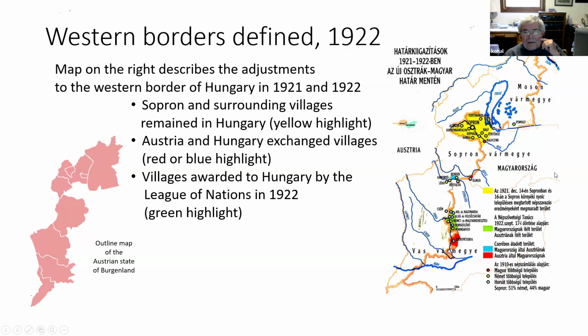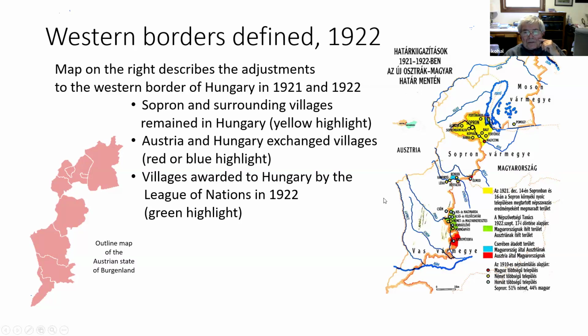And then in the green, in 1922, the League of Nations turned these villages over to Hungary from Austria. At the same time, the village in blue, Hungary turned over to Austria.